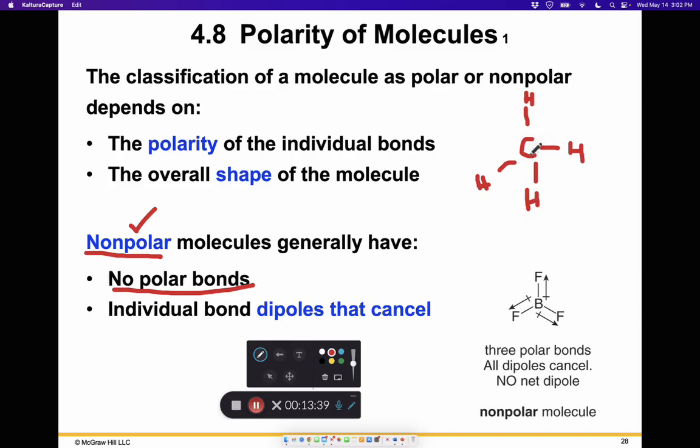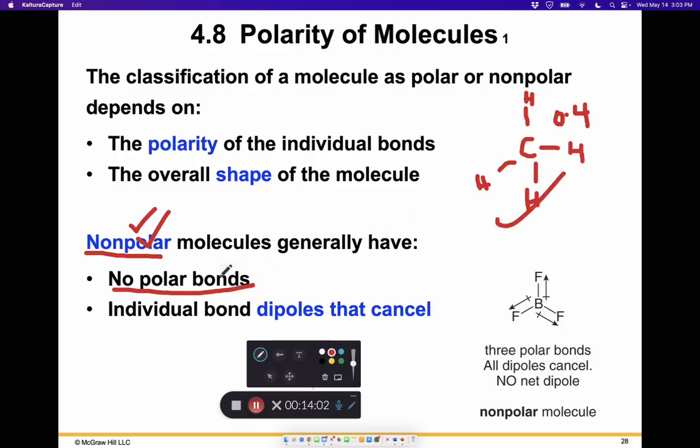Carbon is 2.5, hydrogen is 2.1, the difference is 0.4. A difference of 0.4 is a non-polar bond, and whenever all the bonds are non-polar, we have a non-polar molecule. So that's the example.